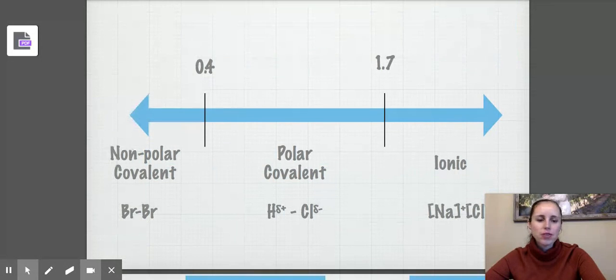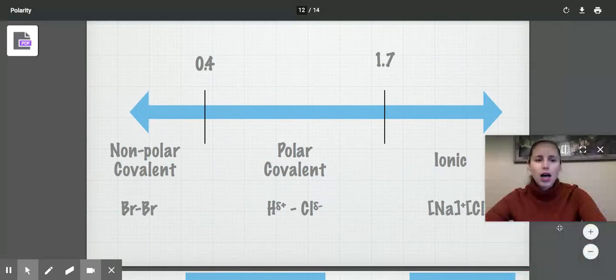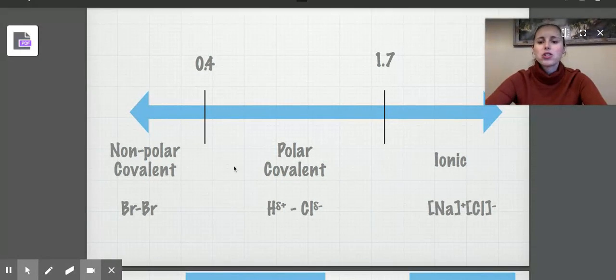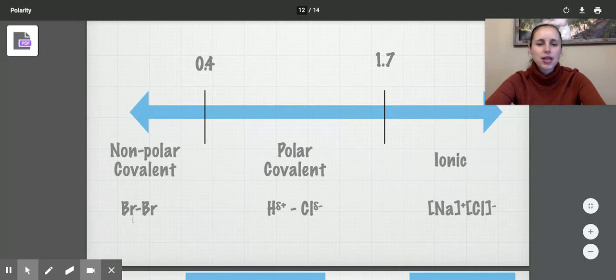So just in terms of a couple examples that you might see and how you would actually represent them. For a nonpolar covalent bond, again, they're typically two atoms that are the same. We have bromine and bromine in this case, and those electrons are right smack in the middle, so therefore we don't show any dipole moment. In polar covalent, we do have a difference in electronegativity.